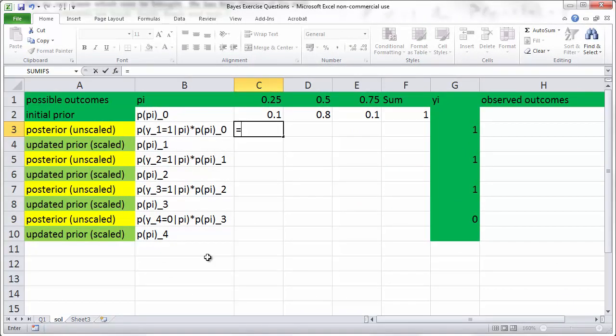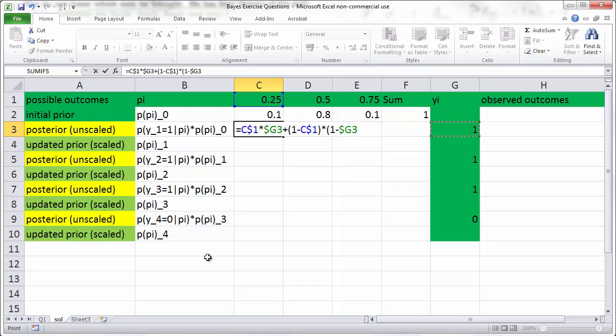Now, let me do this in an Excel table, because then we can easily adjust it to reflect the extra throws. So let me first just replicate what we did for the updating after the first value. So we need the likelihood times the prior, but now I will write this formula such that it is correct regardless of whether we have a y outcome of 1 or 0.